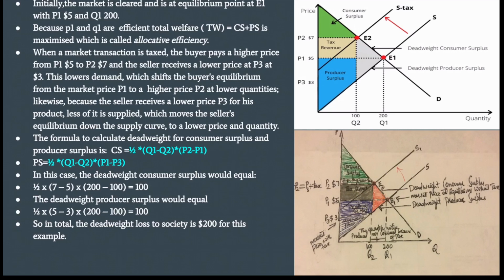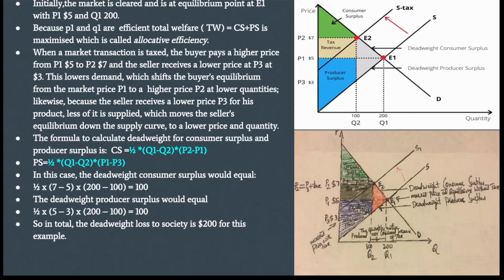In the picture, you can see that initially the market is cleared, or is at equilibrium, at point E1 with the price P1 of $5 and the quantity Q1 of 200. Because P1 and Q1 are efficient, total welfare, which is equal to consumer surplus plus producer surplus, is maximized, which is called allocative efficiency.